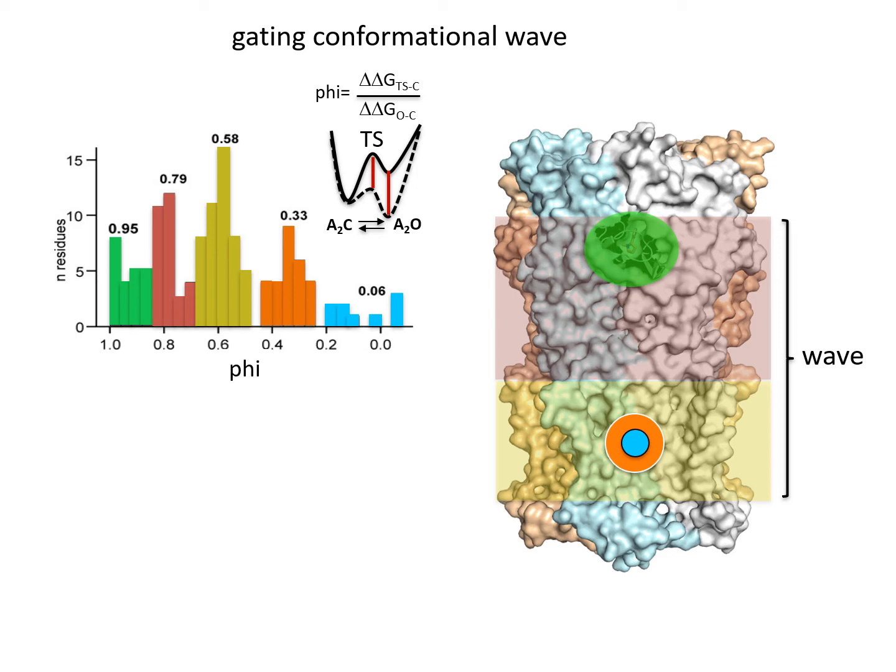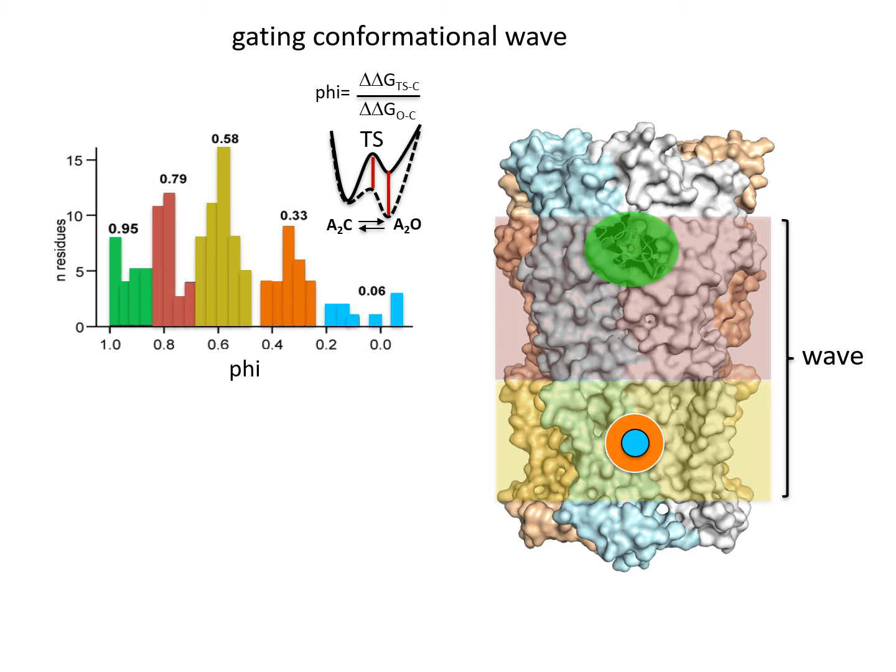So those aromatic residues I described before are 0.95. If you move away from there into the extracellular domain, those are the red ones. The phi value drops a little bit, to 0.8. This is mostly in the alpha subunit. If you move further away into the transmembrane domain, that's in yellow, shown to the right, the phi values of mutations there are around 0.58 or 0.6.